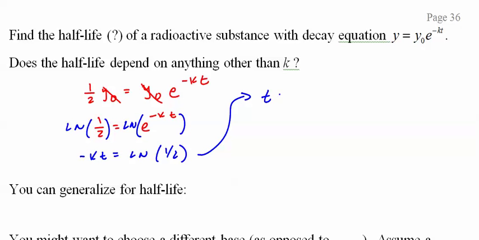And by the way, k is usually a negative variable, so it kind of cancels out. We get negative 1 over k times the natural log of 1/2.